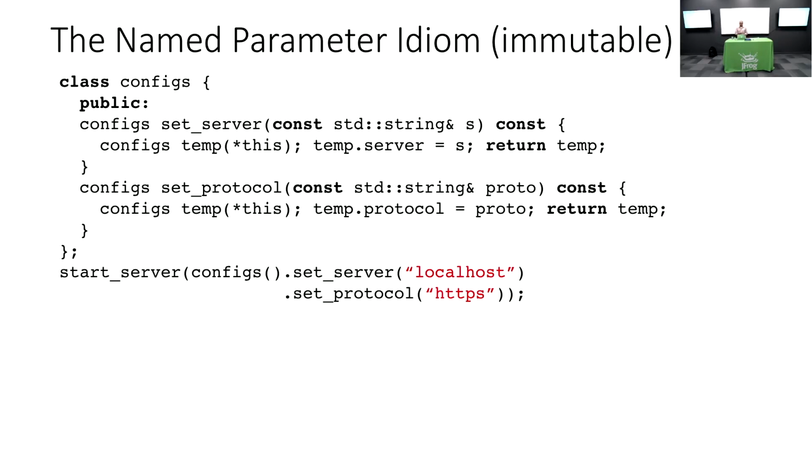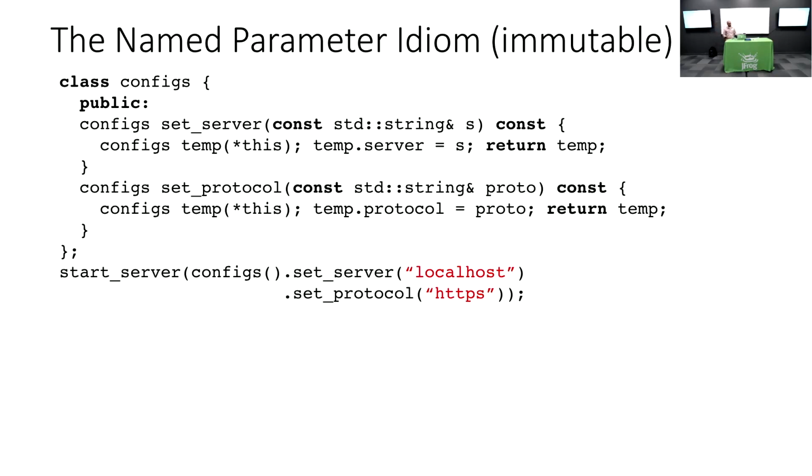Note that the functions are const. So now when the empty configs object is created and set server is called, it returns a new object that has the localhost value, and so on. And set protocol returns another object that has HTTPS and localhost in it. It does not change the original object at all.